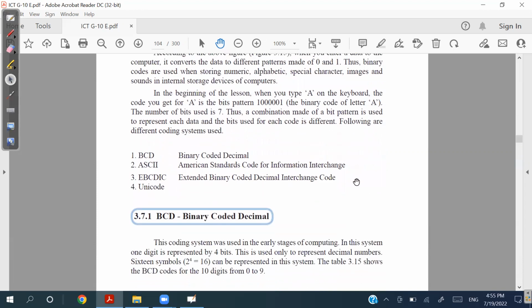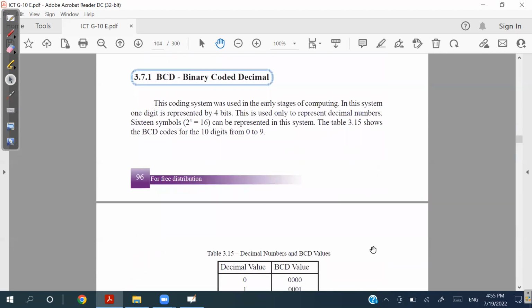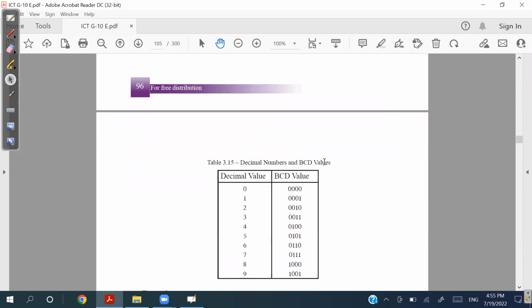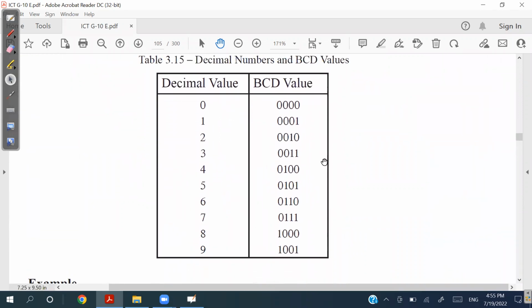So as a solution for this, they introduced something called BCD, binary coded decimal, and they represent one particular character as a 4-bit code, right? They take this code and have place values like 1, 2, 4, and 8.